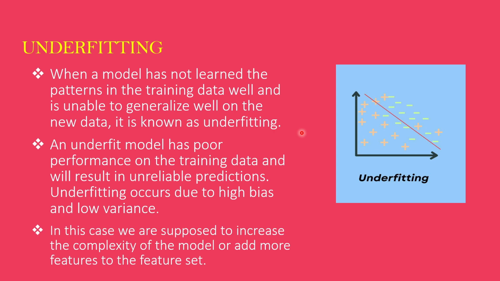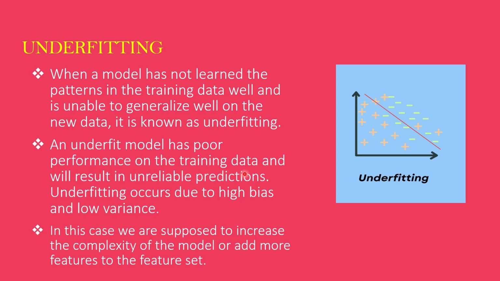We give new data to our model for testing, then it will not predict correct values. That means our model may not have trained well, so we have to train our model with more data.